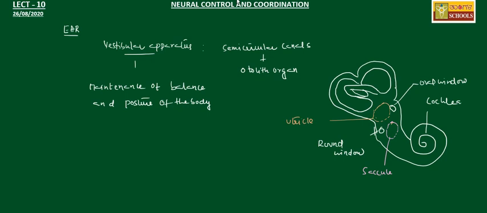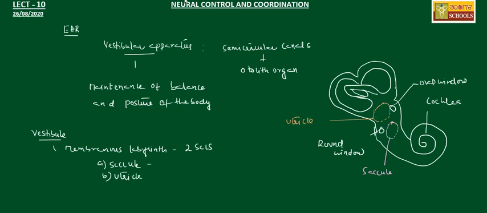So utricle and saccule, that's the vestibule. In the membranous labyrinth, the vestibule will consist of two sacs. One is the saccule, and another one is called the utricle.